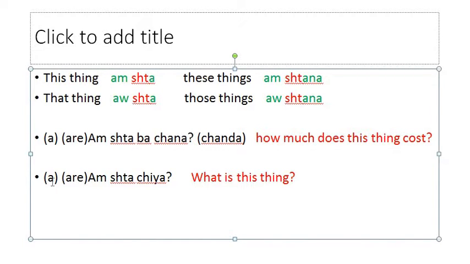Sorry, before we go on, amshta means what is this thing? I think these are useful phrases. If I say what are these things, I say amshta nachin. Not amshta chia. If I make it plural, I have to say chin.